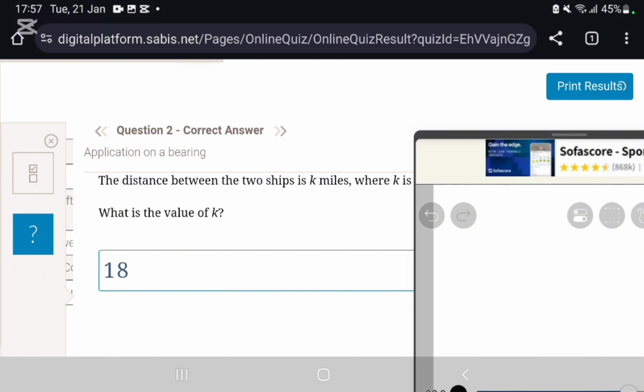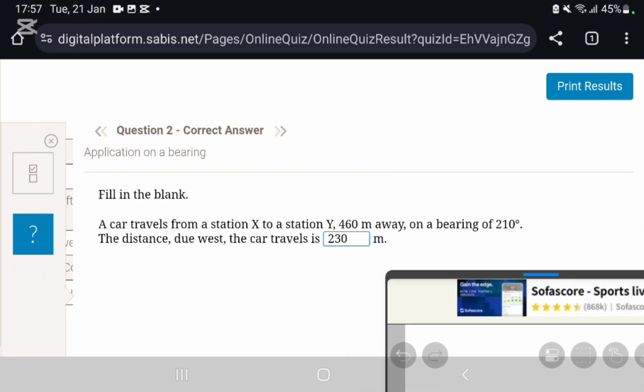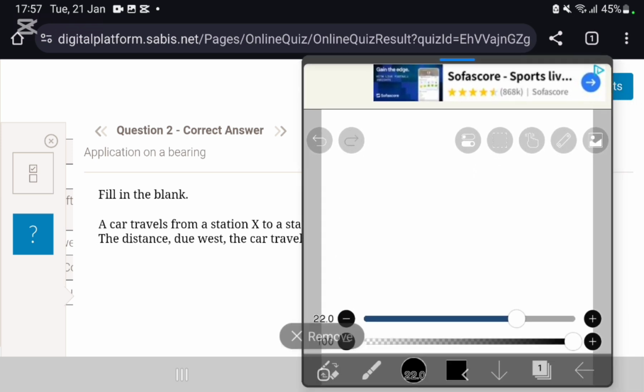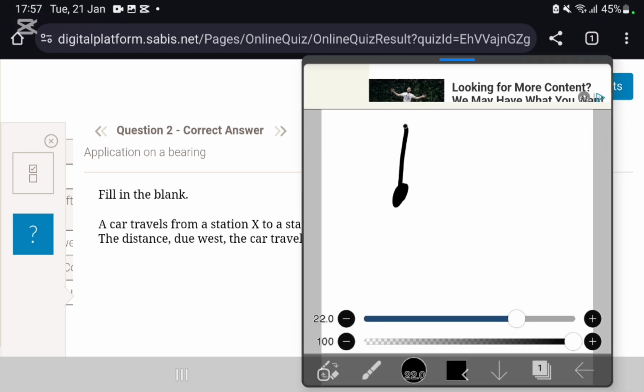And number 2. A car travels from station X to a station Y 460 meters away on a bearing of 210. The distance due west the car travels is 230. So we have a station X here.